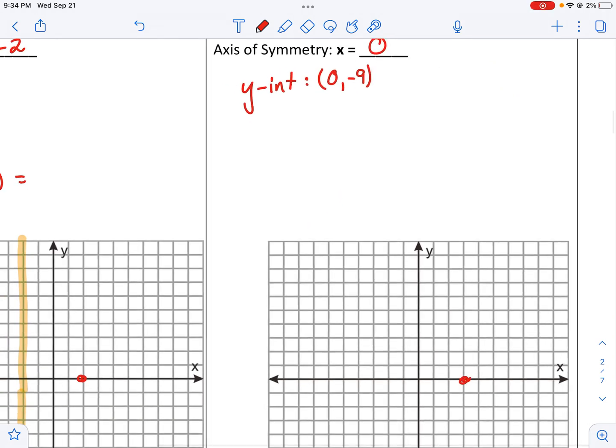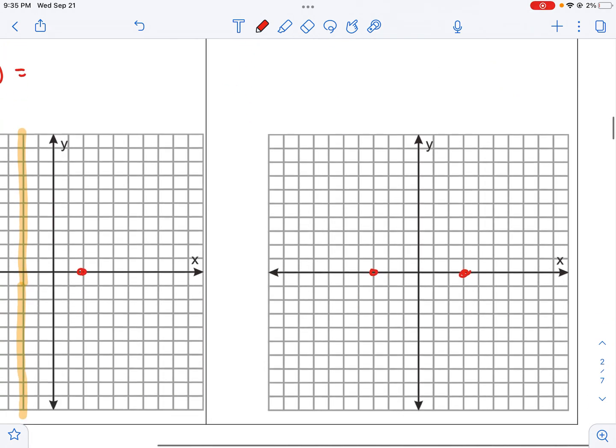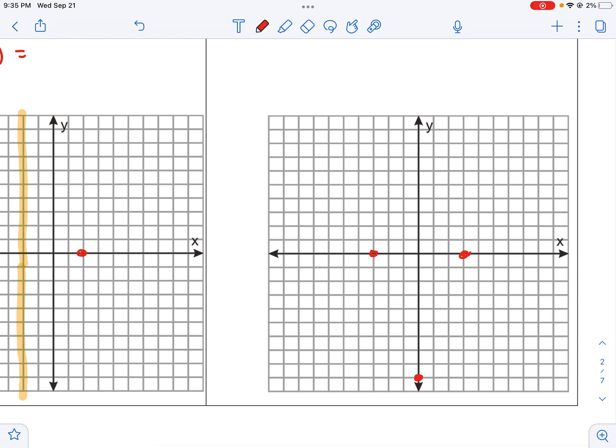Now, if I were to graph that, I would graph a point at positive 3, a point at negative 3, a point at 0, negative 9, and I would do my best to sketch at least a halfway decent graph. Does not need to be entirely perfect here, but just something that's pretty close. Close enough that you get the gist. Let me know what questions you've got.